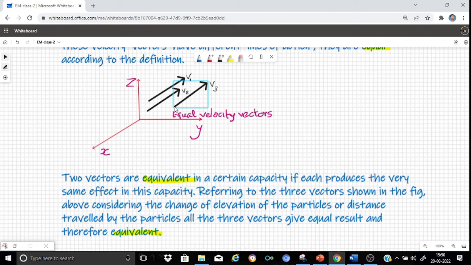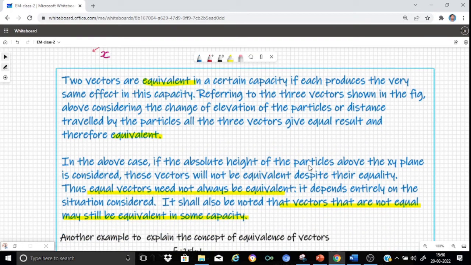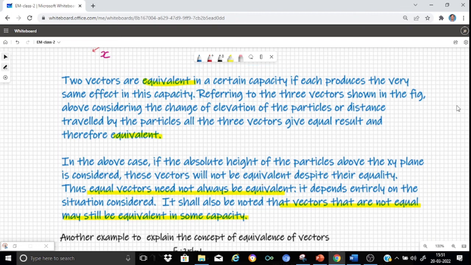Do you think that in a given time frame the absolute elevation of the three particles will be the same? No, because each of these particles has a different starting point. It does mean if we consider the absolute height of the particles above the xy plane, these vectors will not be equivalent despite their equality.